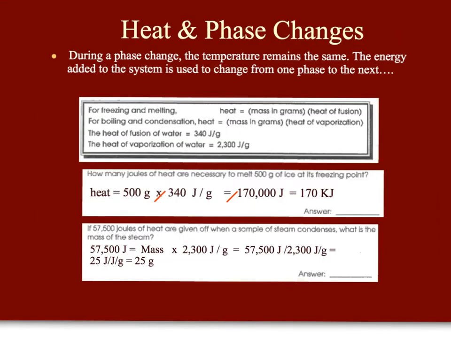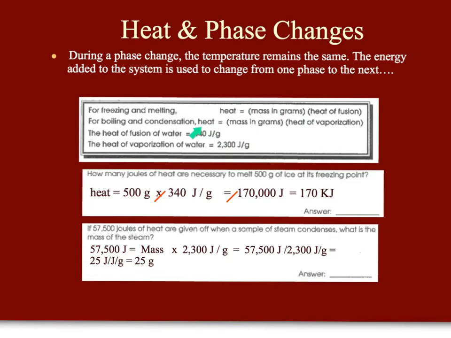As we begin looking at our heat of fusion and heat of vaporization problems, just remember our definition that during the phase change, the temperature will remain the same, but the energy that's added to the system is what is used to change from one phase to the next. Also, here we have our heat of fusion, where heat equals mass times heat of fusion.